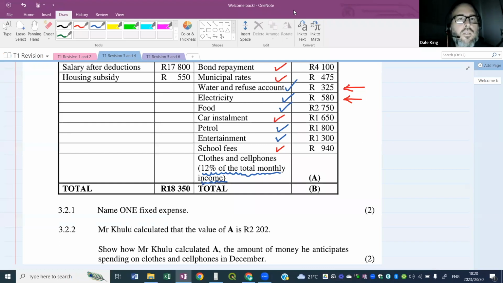Anybody, somebody, to explain to us how they got 2,202 in this question. Put a thumbs up in chat if you're getting the answer, and then please, somebody. I feel like we need to drop a mixtape. That would be the interlude.